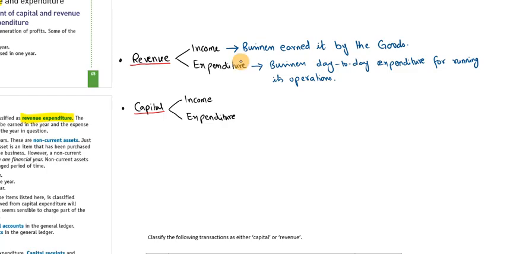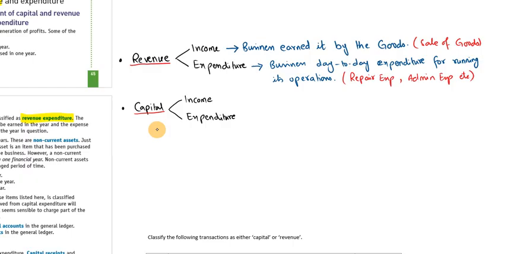The revenue income will be the sale of goods, and the revenue expenditure will be repair expenses, admin expenses, etc. These are the expenses which the business incurs on a daily basis.